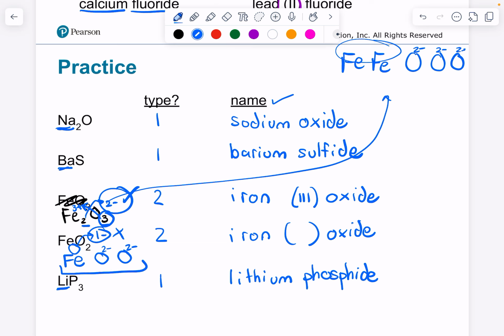We'll put the charges on the ones you know, and then figure out what this has to be in order to balance it out. So there's 4- in the oxygens, so this has got to be a 4+. So iron 4 oxide.